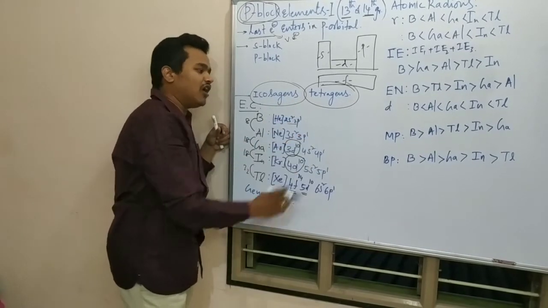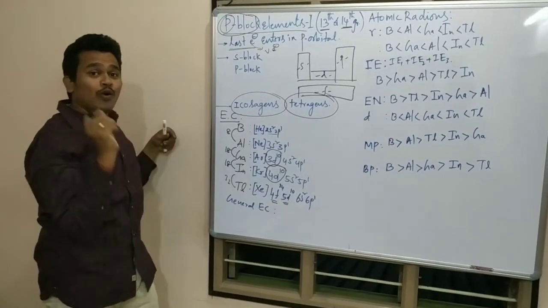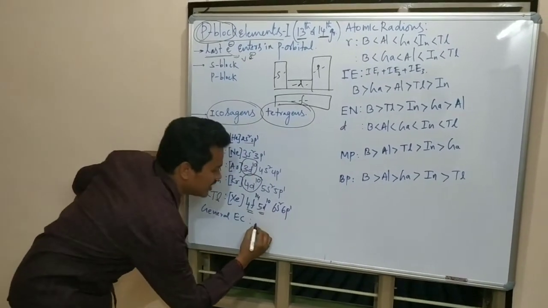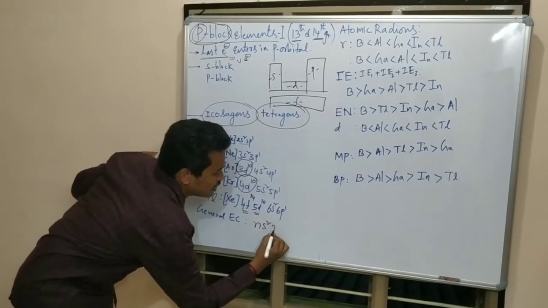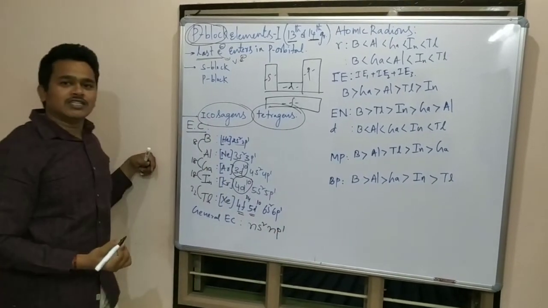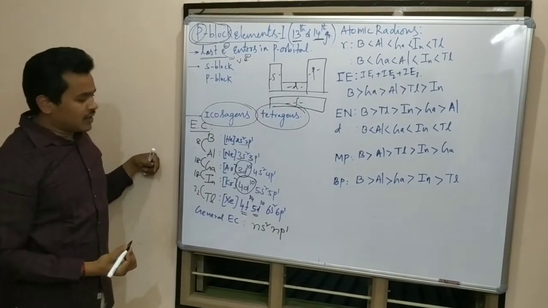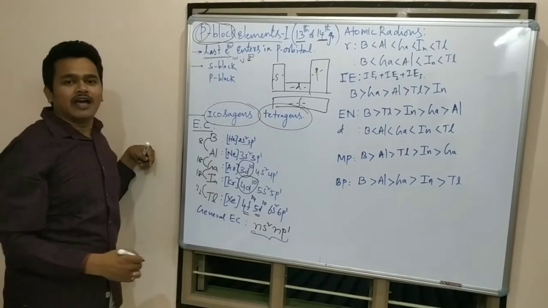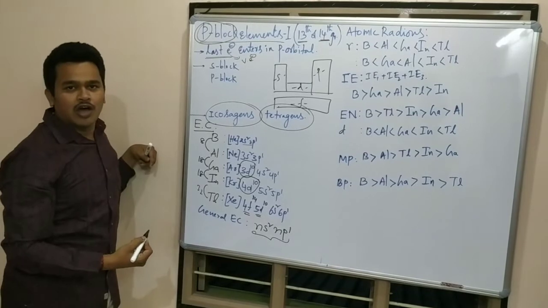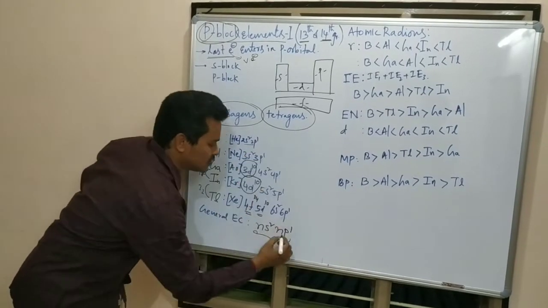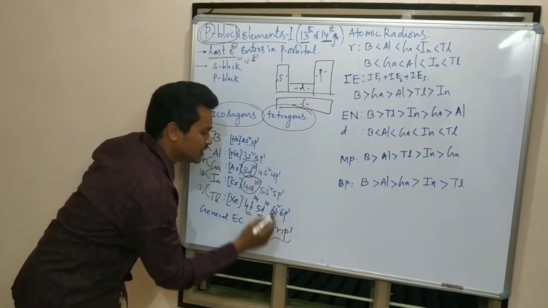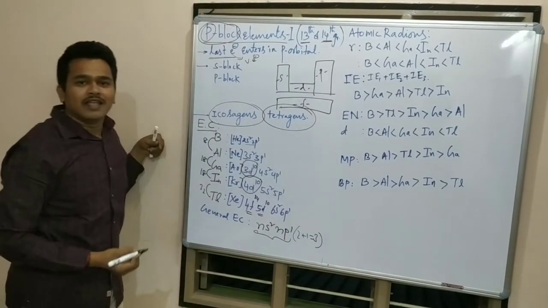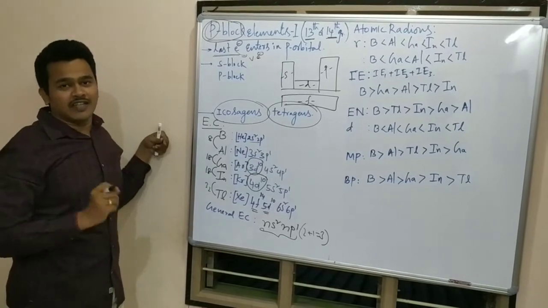Based on observation of all these electronic configurations, we can conclude that the general electronic configuration of the 13th group is ns2 np1. How many valence electrons are there in all the 13th group elements? There are 2 plus 1, that is 3 valence electrons.